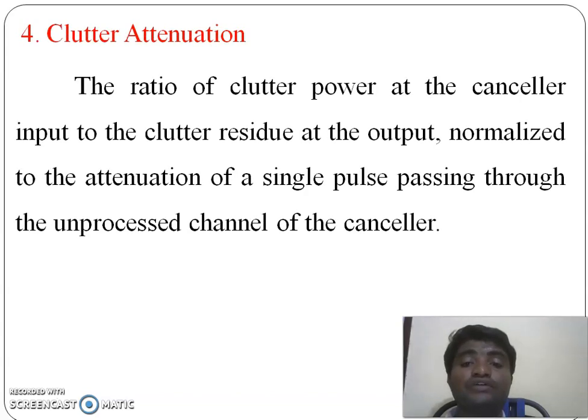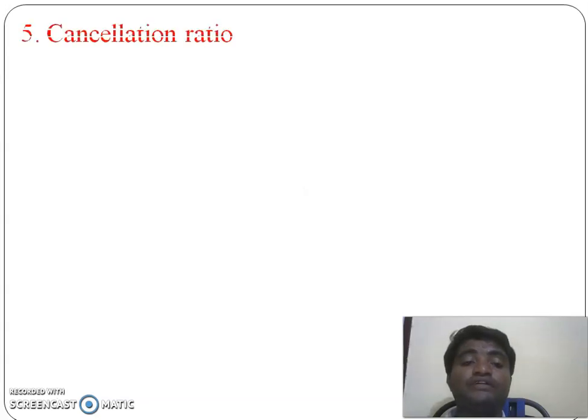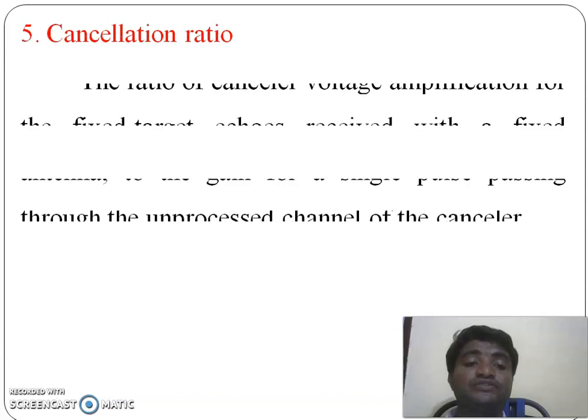The ratio of clutter power at the canceller input to the clutter residue at the output, normalized to the attenuation of the single pulse passing through the unprocessed channel of the canceller. It is nothing but clutter attenuation. And the fifth parameter is cancellation ratio.